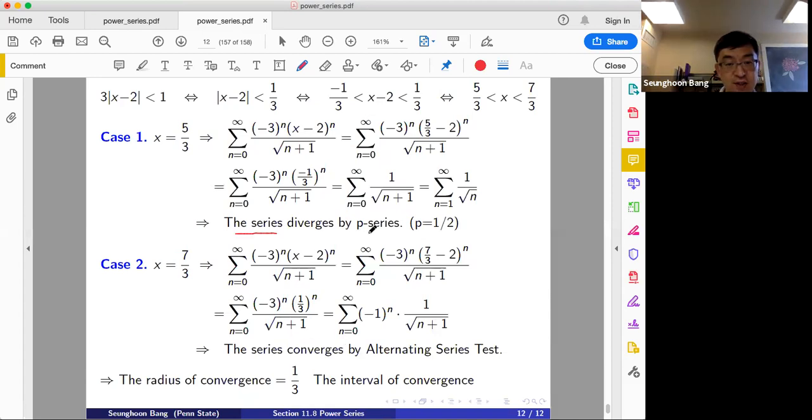The series diverges at the left point and converges at the right point, so only the right endpoint is included. So we have an interval closed on the right-hand side, from 5/3 to 7/3. That's the whole idea for solving this problem.